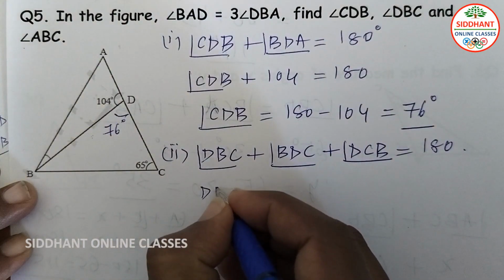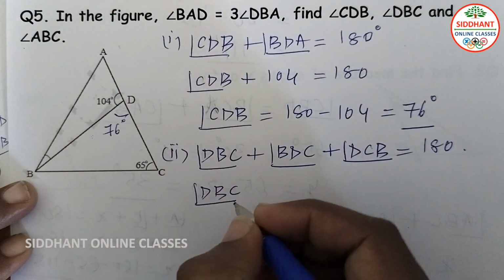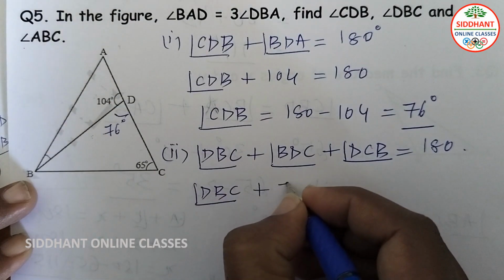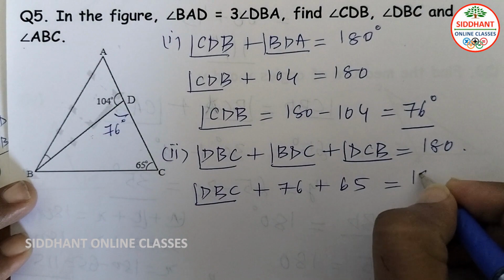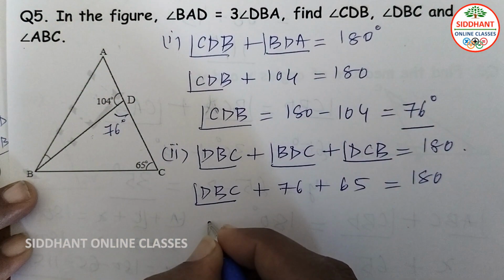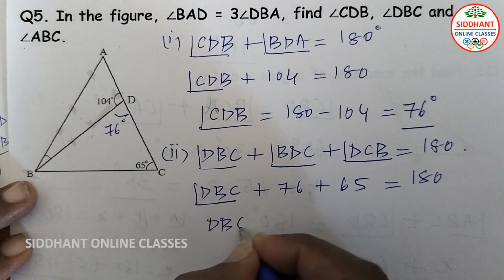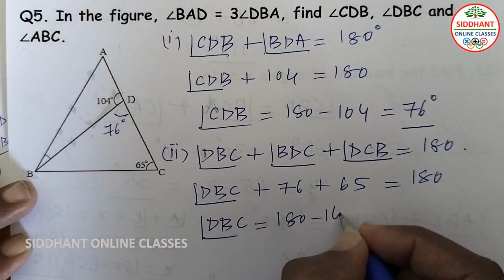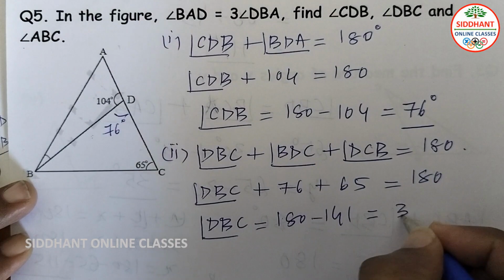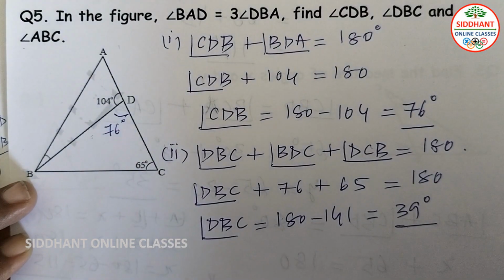So angle DBC we are going to find out, plus here 76 and here this is 65, that equal to 180. So angle DBC equal to 180 minus 141, that will be equal to 39 degrees.